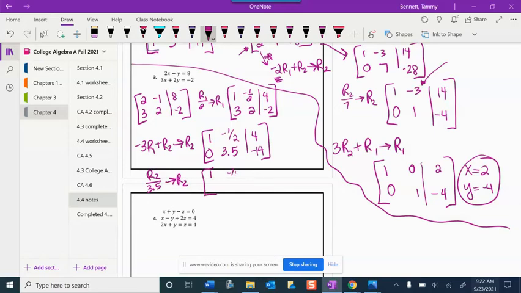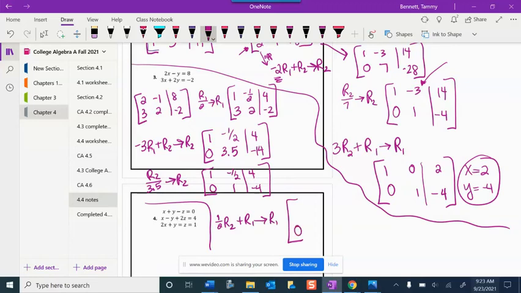So 1, -1/2, and 4 in the top row. Second row is 0, 1. So take -14 divided by 3.5 and you get -4. Now I need to make that -1/2 a 0. So I'm going to take 1/2 of row 2, add it to row 1, and it becomes row 1.